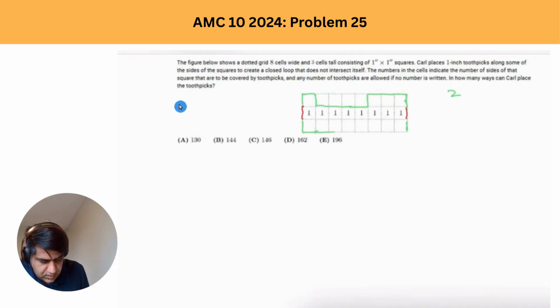And now I can have a path like this, right? So if you see, it meets all the requirements. In all the cases, it is only touching once along these edges, right? Or here, and also the other one.